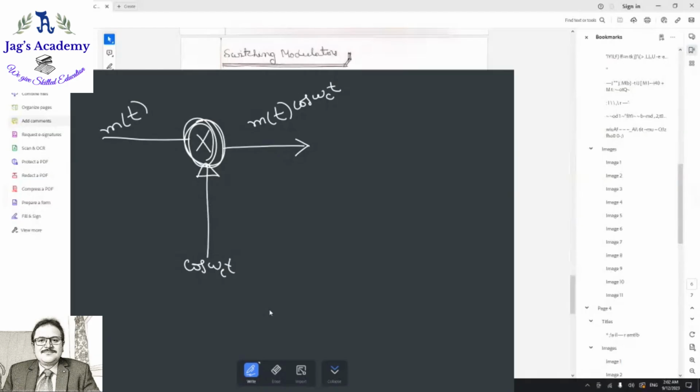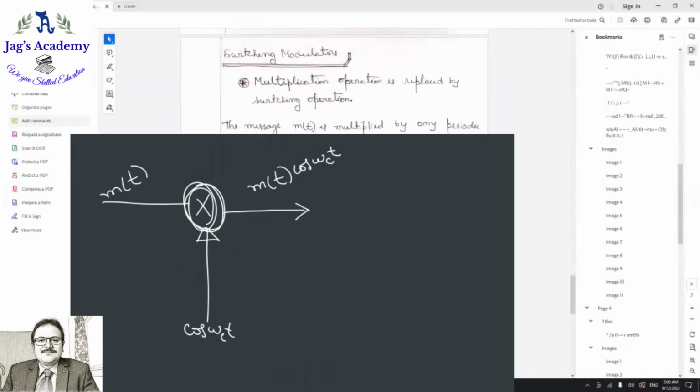But actually, when it comes to the hardware, this is going to be your electronic device, your electronic circuits. Right. So we have to get something called a multiplier modulator. That's what we have seen.